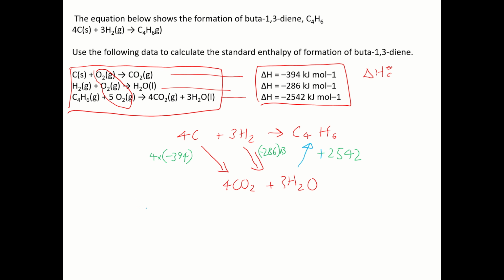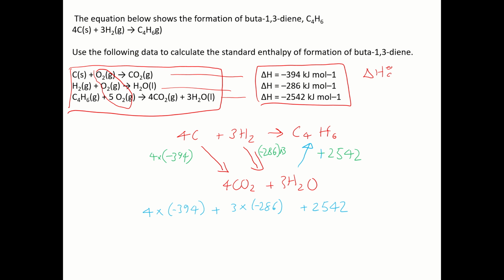So we get a calculator, we do 4 times minus 394 plus 3 times minus 286 plus 2542.